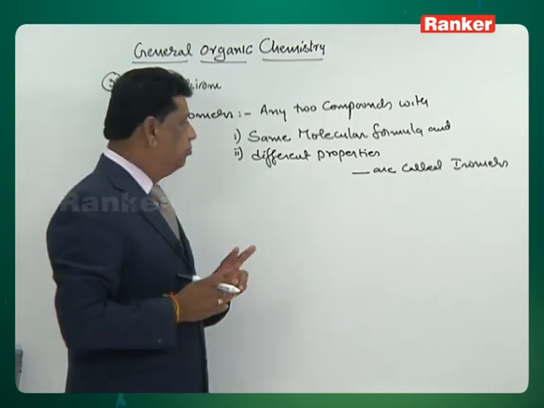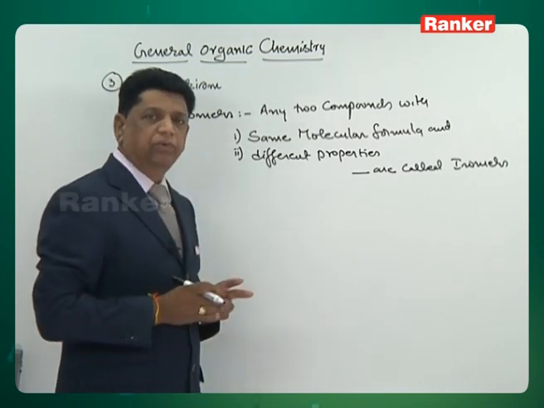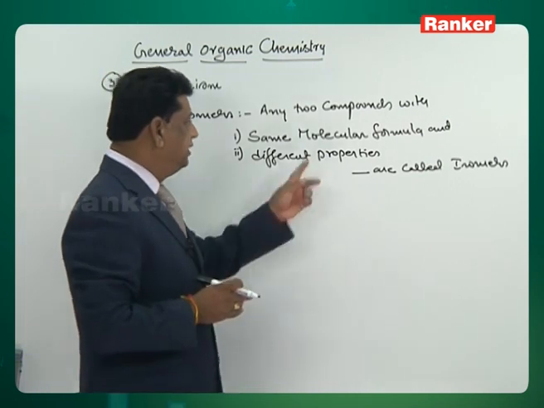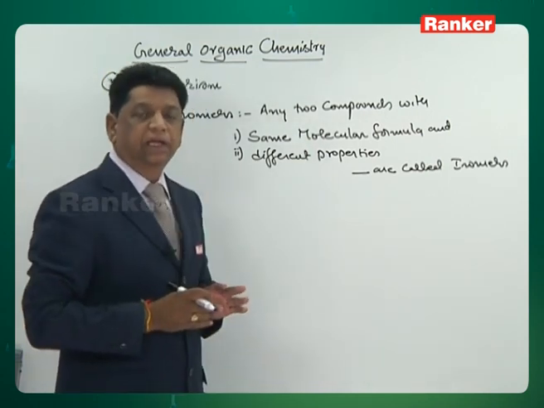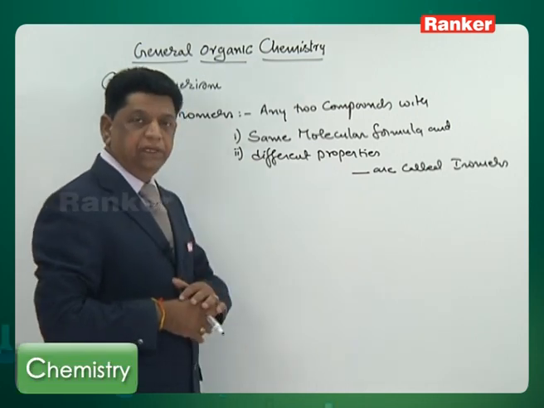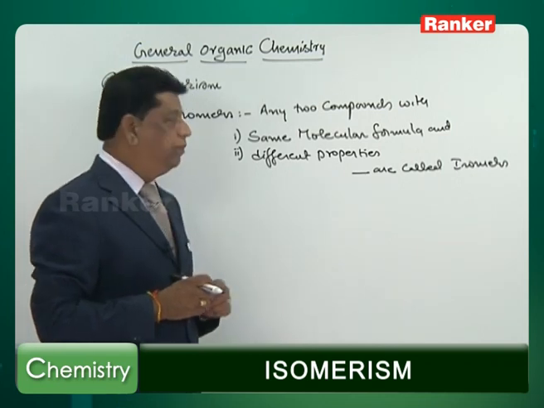Any two compounds having the same molecular formula, if you have accepted these two are different compounds, having the same molecular formula itself is the definition, but even then we say different properties. That means two compounds with molecular formula is same, but properties are different.